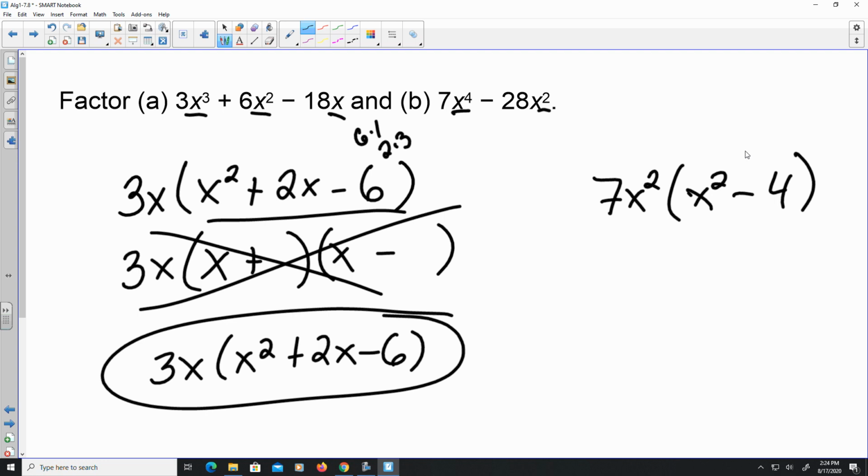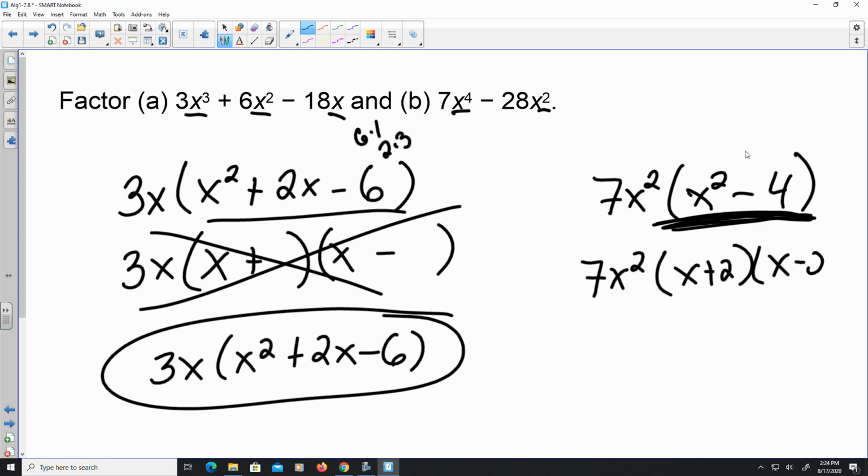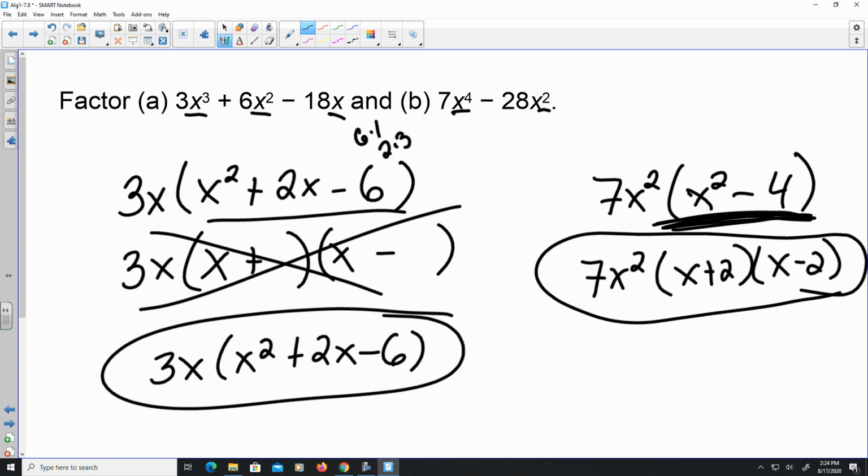Now, looking at this, 7x, can't do anything else with that. But this, x squared minus 4, is a sum and difference pattern. Perfect square, x squared, perfect square, 4, subtraction in between. So now this turns into x plus 2, x minus 2. And you got to make sure you do that extra step because then you're not factoring out completely if you don't do that step.